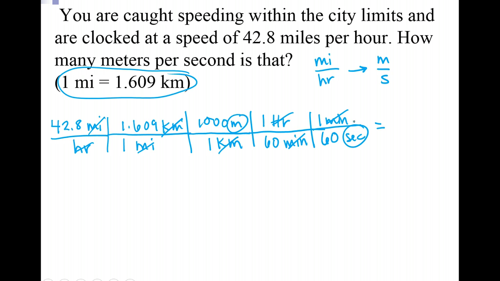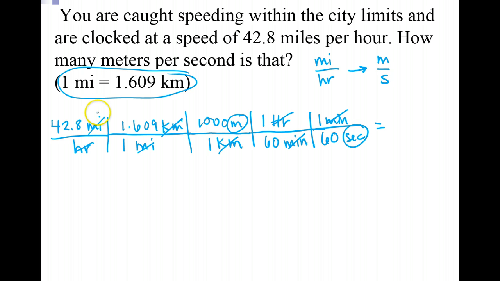And so to solve this one on your calculator, we want to take 42.8 times 1.609 times 1,000, and then I like to hit enter or equals, divided by, you can either use parentheses 60 times 60 or divided by 60 and then divided by 60 again.